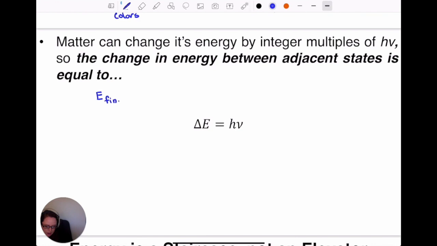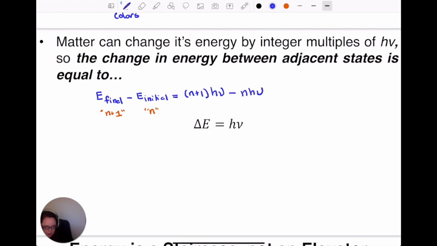where we have our E final minus E initial. If our initial state is n, then our E final for the adjacent state is going to be n plus 1. Then we'd have n plus 1 times h nu minus n h nu.